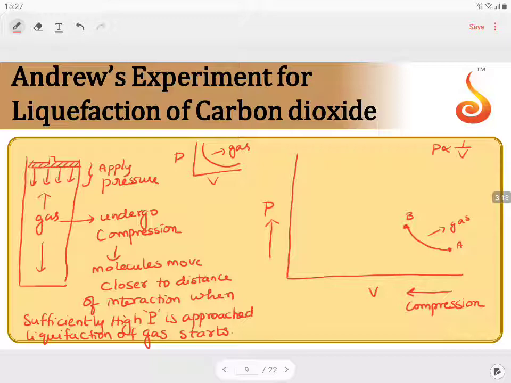After a certain point, the gas starts to decrease its volume without changing the pressure.